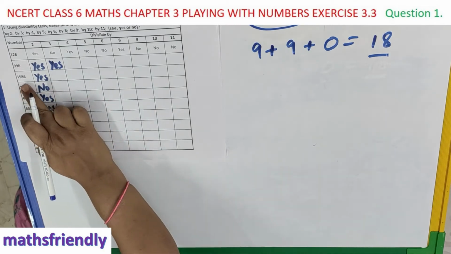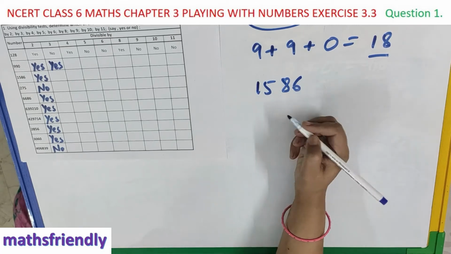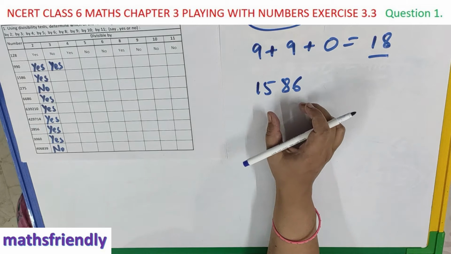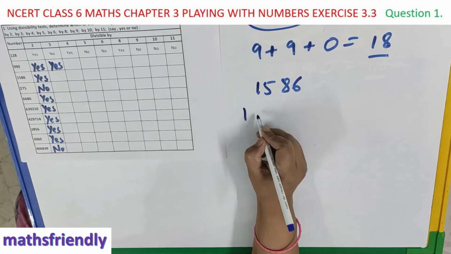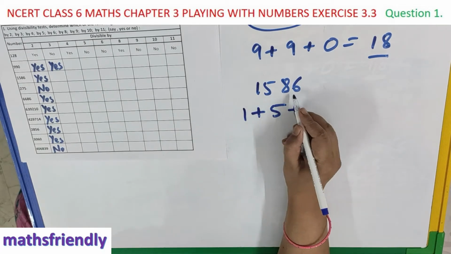Okay. Now the next number is 1586. We have to check whether this number is divisible by 3 or not. So we have to add the digits of the number. The digits are 1, 5, 8 and 6.